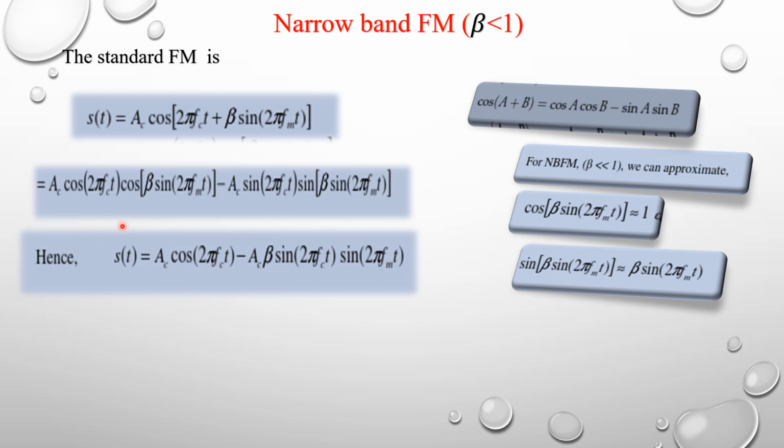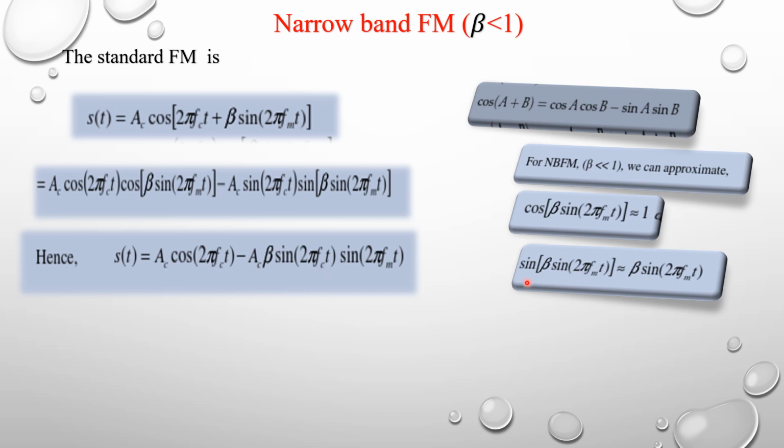Hence S of t equals AC cos 2 pi fc t, where cos(beta sin 2 pi fm t) equals 1, minus AC sin 2 pi fc t, where sin(beta sin 2 pi fm t) equals beta sin 2 pi fm t.